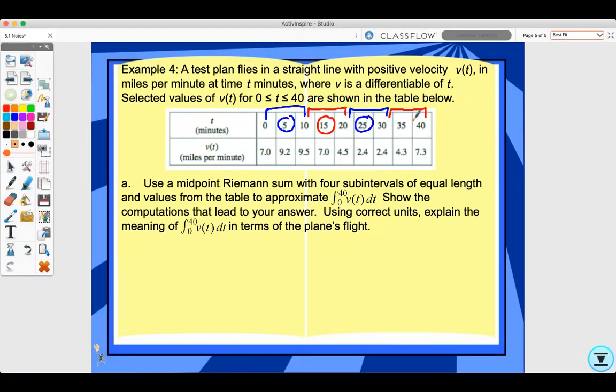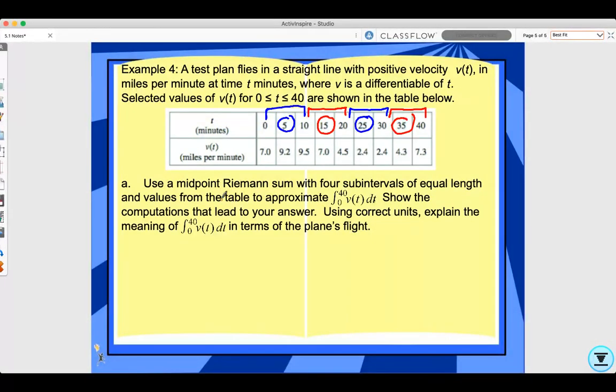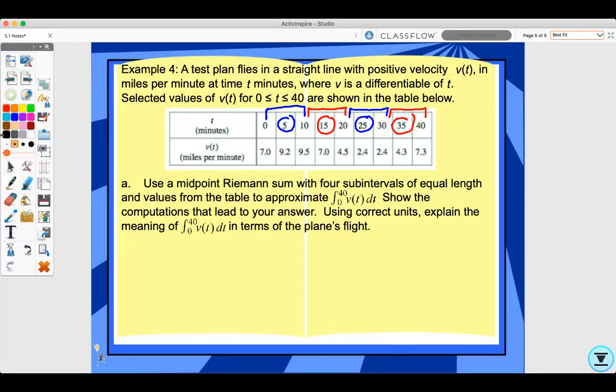And the midpoint of the interval from 30 to 40 would be 35. So first, we get our intervals. My intervals are 0 to 10, 10 to 20, 20 to 30, and 30 to 40. 4 subintervals of equal length.